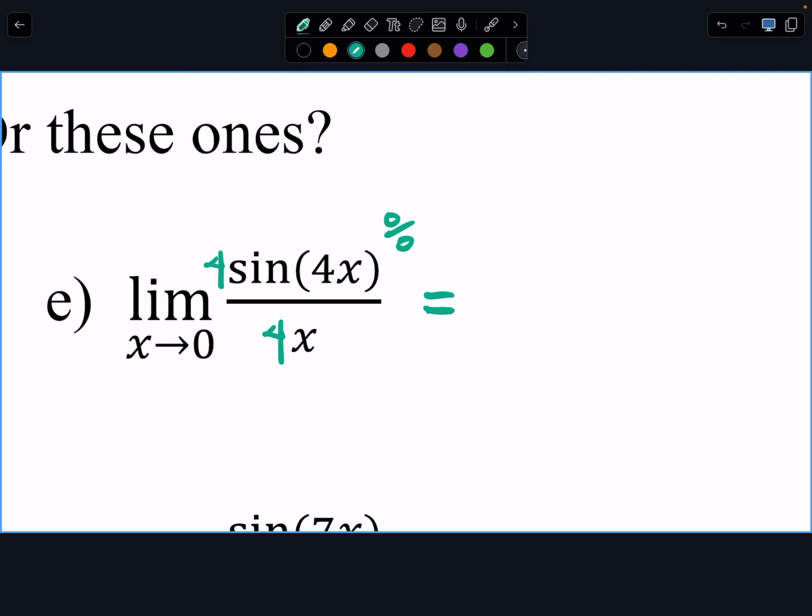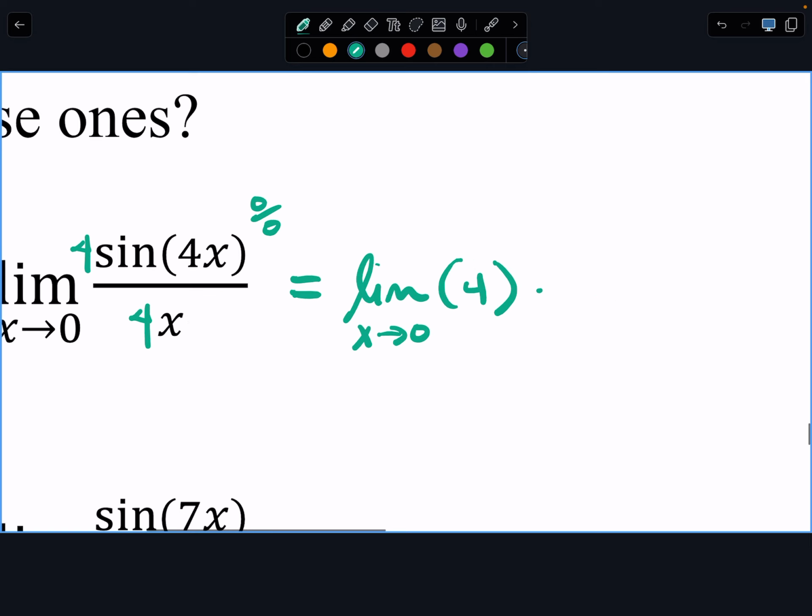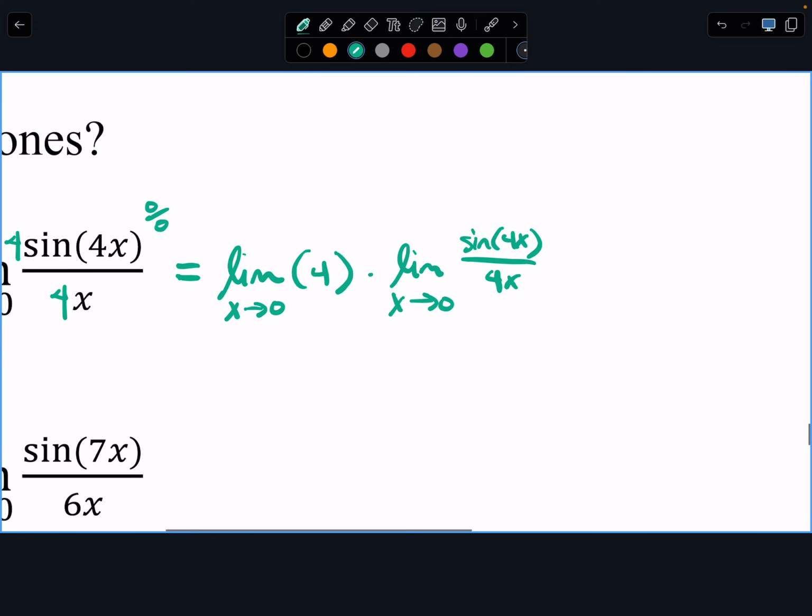We could then think of this as the limit as x approaches 0 of 4 times the limit as x approaches 0 of sine of 4x over 4x. And you're like, okay, well, the limit of 4 would just be 4.